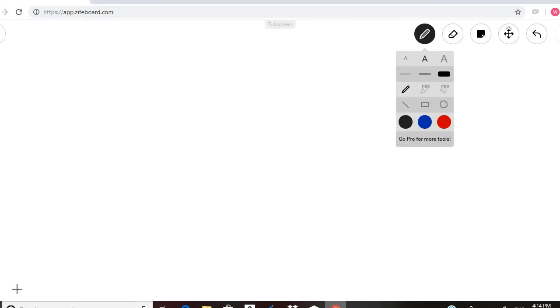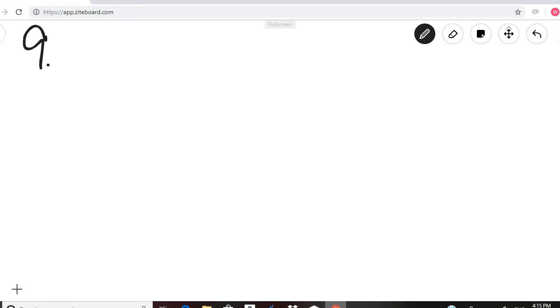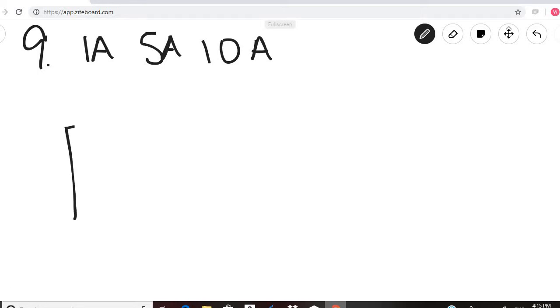Okay, number 9. Number 9 is one of the more complicated circuits, but we are told that an electrician has a 1, a 5, and a 10 amp fuse. And we want to know which one he should use to protect the circuit. So here's the circuit that we are given.